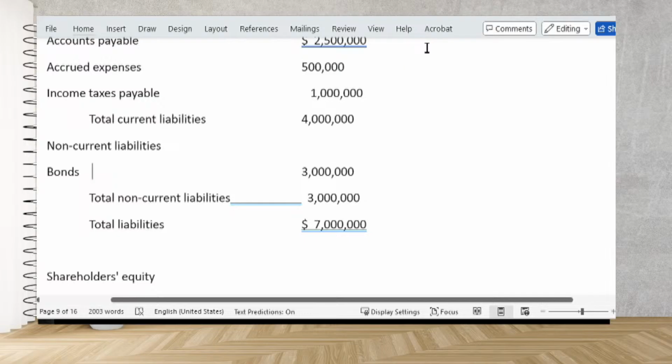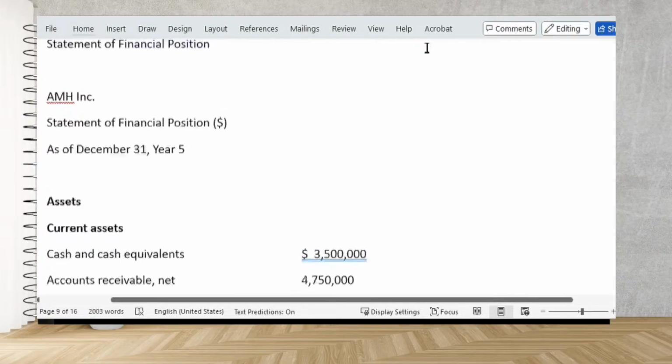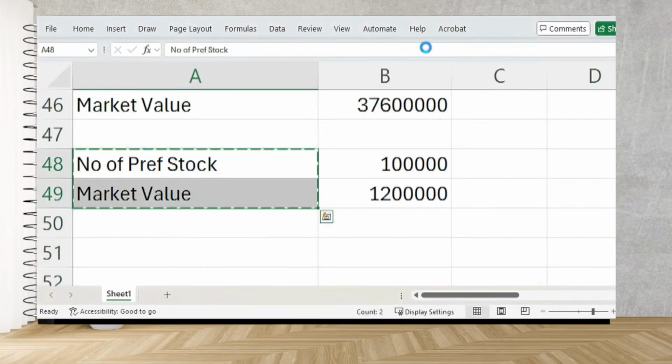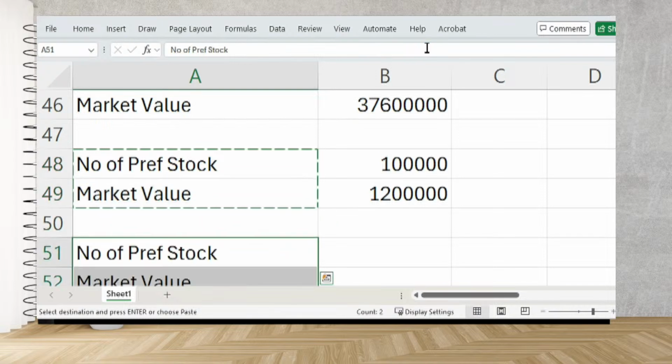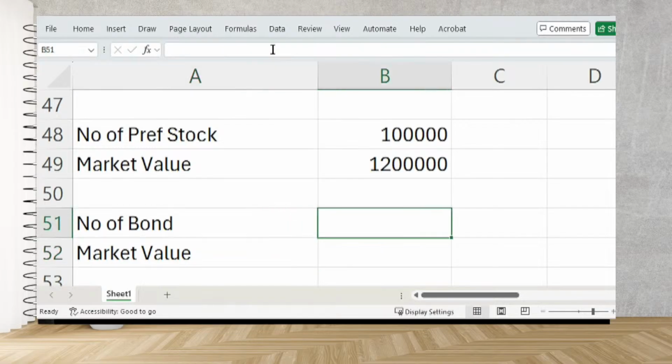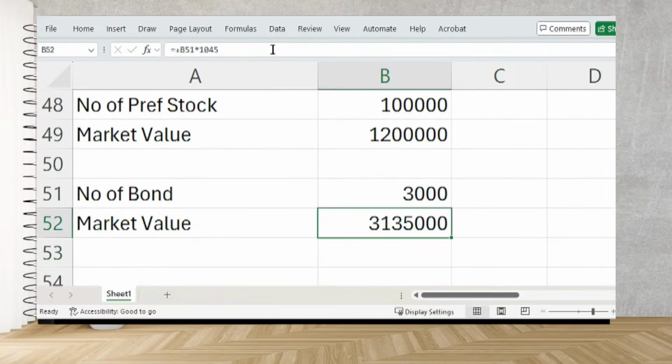So 3 million divided by 1000 means number of bonds, and then multiplied by the trading value, 1045. So it is 3.135 million.